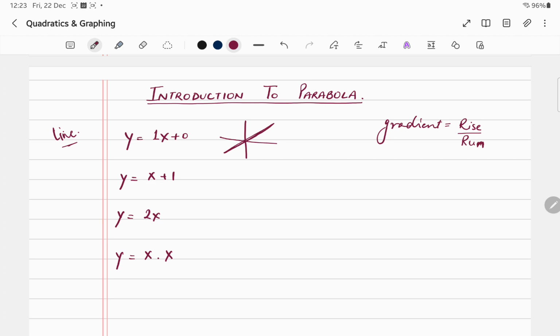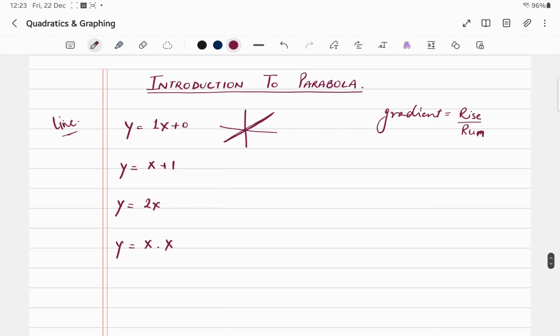All right. Next graph says y equals x plus 1. So here, if I draw the graph again, our y-intercept is plus 1 this time. That means the line is crossing through y equals 1, and the gradient is still 1. So the line is parallel to the line that we just drew, just that it has moved up.